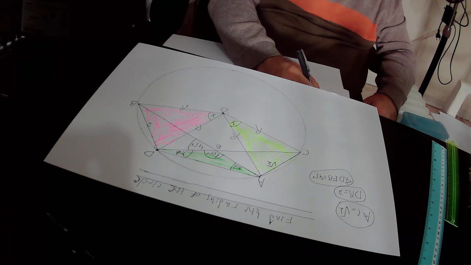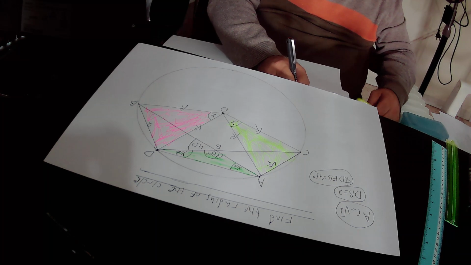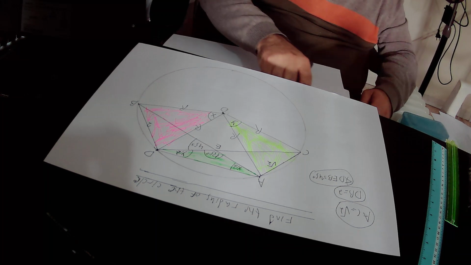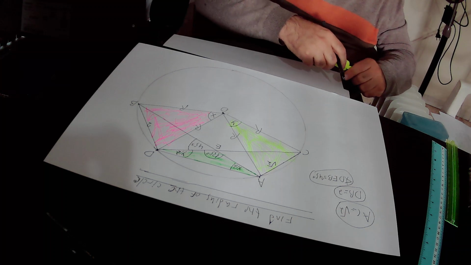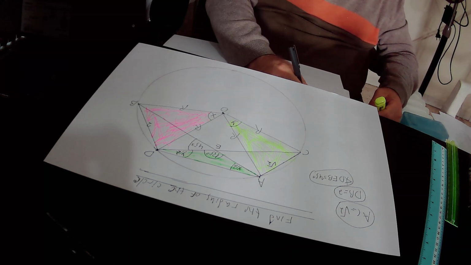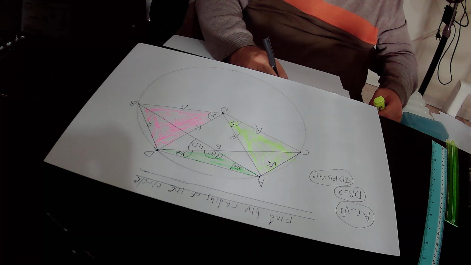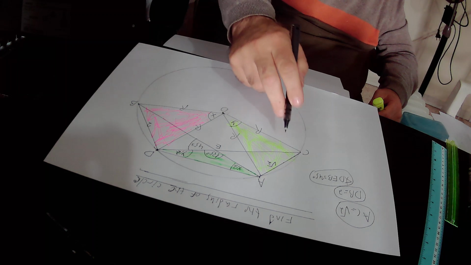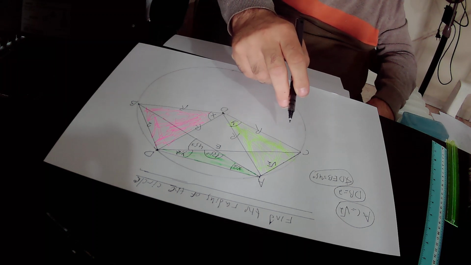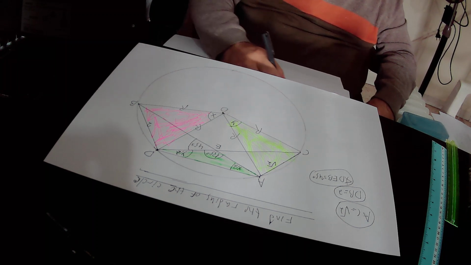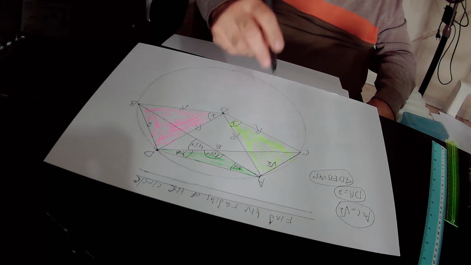According to the law of cosines, we get that cosine y equals r squared plus r squared minus square root of 2 squared. Square root of 2 squared is 2, so it is minus 2 over 2 times r times r.